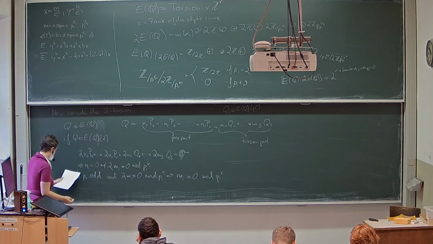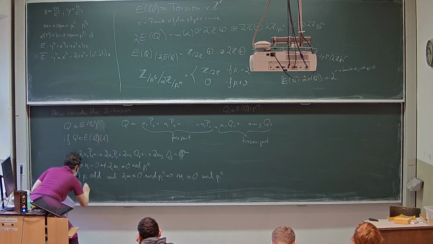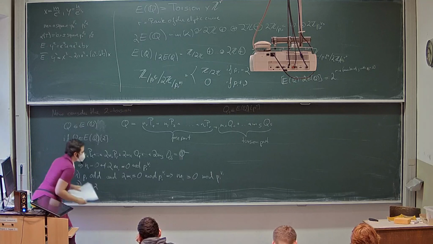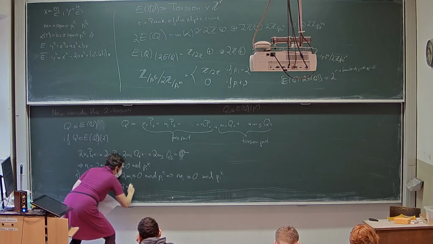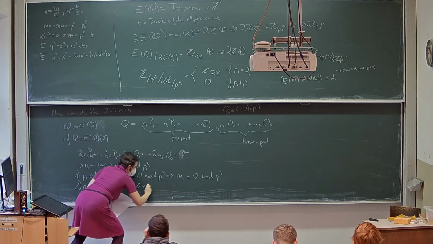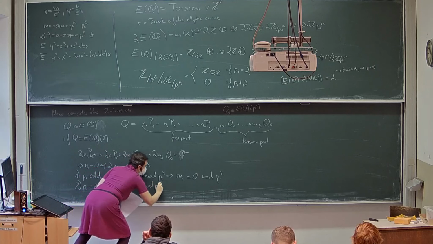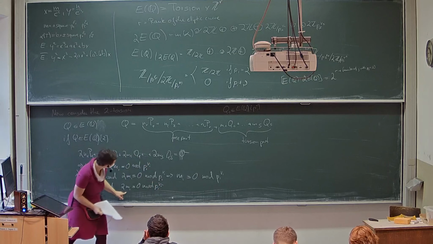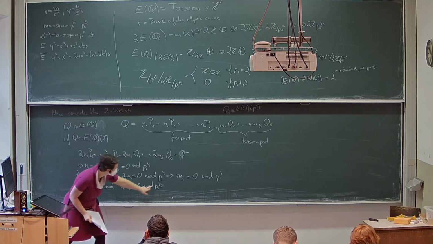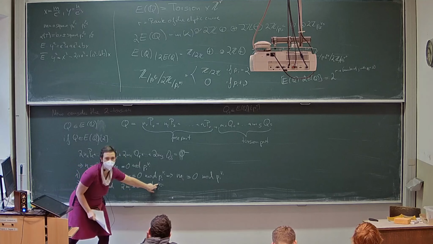No, if p is 2 and we have this, then we can only say that mi is 0 modulo pi to the vi minus 1.